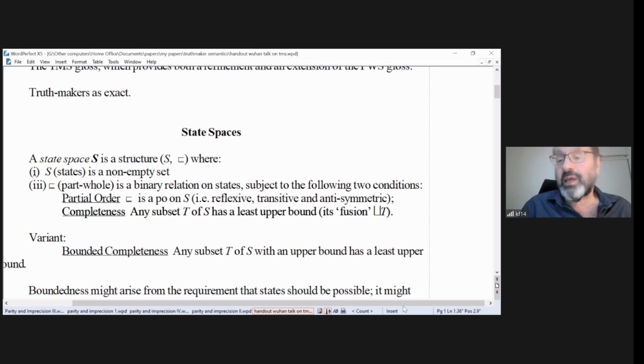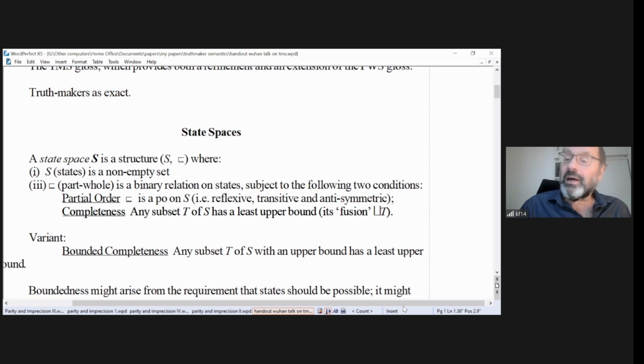I'm thinking of above as just: if one state's a part of another, then it lies below the other. The parts are below. So if you've got some states, you look at all the states that lie above them, and there's going to be one of them that lies below all of the others. That's the least upper bound. So this is what's called the complete semi-lattice. It's a familiar mathematical condition.